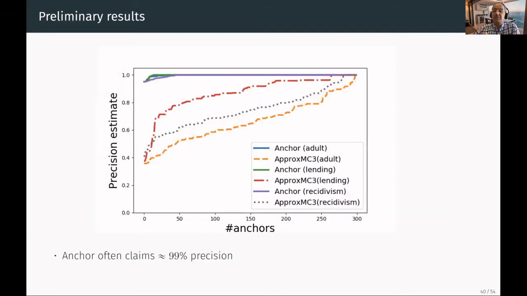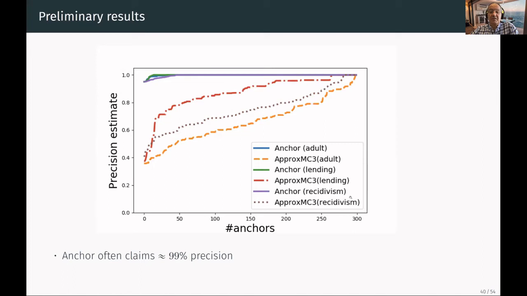And so these were the results we got also 2 years ago. These are the predictions of Anchor on 3 different data sets. And as you can see, in all cases, Anchor is very confident, saying that it's 99% precise. We got pretty different results. So we used approximate model counting for the different data sets.